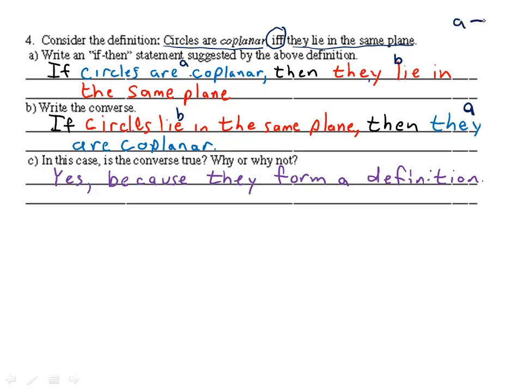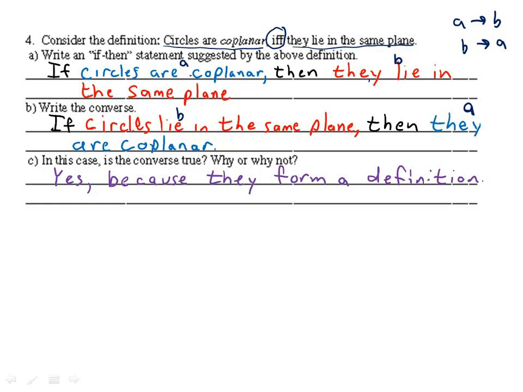If A, then B. And if B, then A. Those are two conditional statements. One is the converse of the other. Alright, so I've identified the if and only if right here. And from each side of that, if circles are coplanar, then they lie in the same plane. And then I use the converse of that. So the hypothesis and conclusion trade places. If circles lie in the same plane, then they are coplanar.